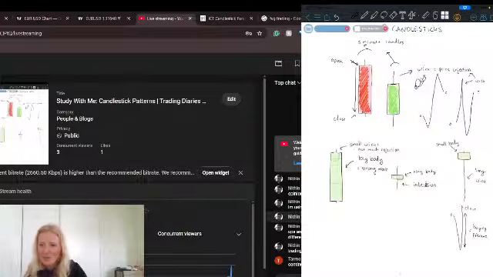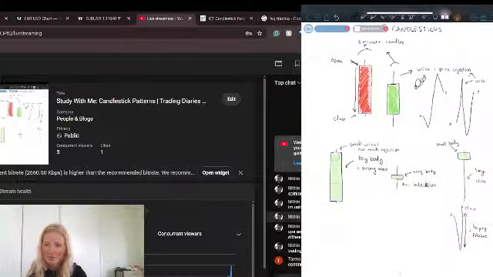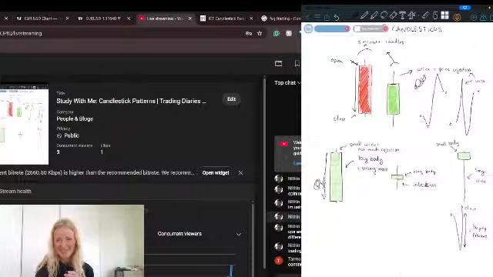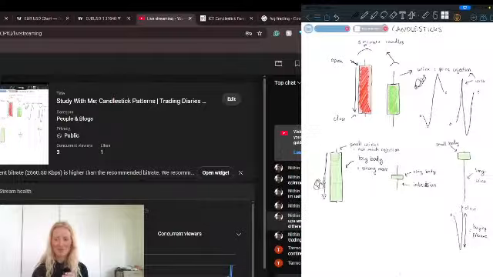FVG is basically a huge candle with continuation candles. So it's a candle like this one. This right here, it's really big. Like a really big candle with continuation candles. But then what do you do with FVG?